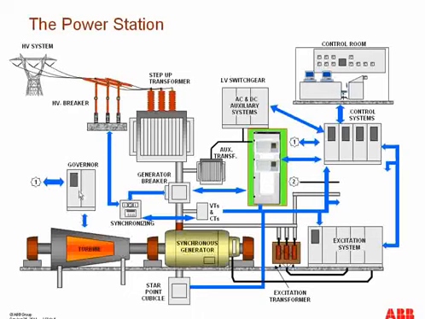In this picture, you can see that this whole sequence of the power station starts from the turbine, and the turbine has got a governor system with it to control the input to the turbine, and then this turbine is connected to the synchronous generator, and the synchronous generator is connected to the excitation system over here, and then the excitation transformer is here, and we have a generator protection panel that provides the generator protection, and we will discuss it in detail.